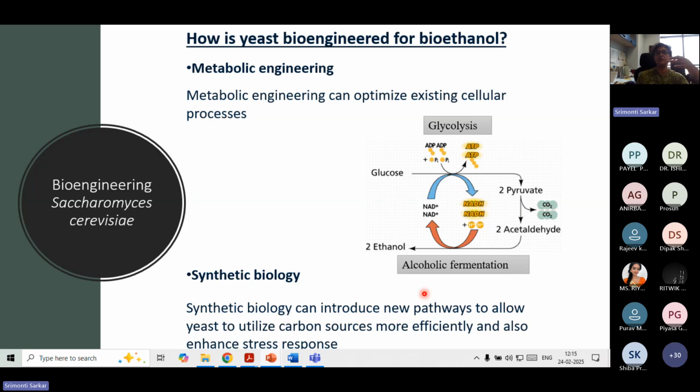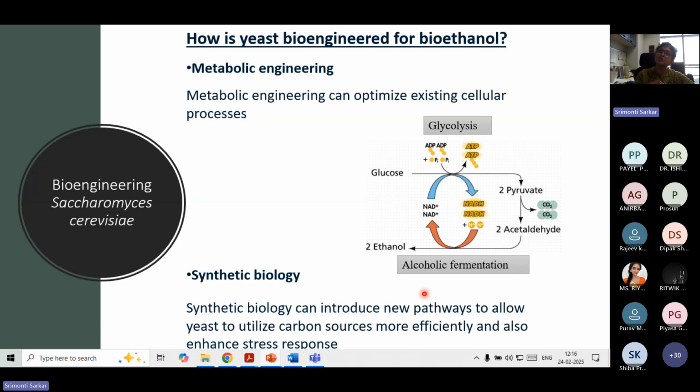So instead of glucose, if we give it a different carbon source, a synthetic biology modified yeast should be able to use this new carbon source. So we can introduce completely new pathways by synthetic biology approaches and allow yeast to make ethanol from new carbon sources.